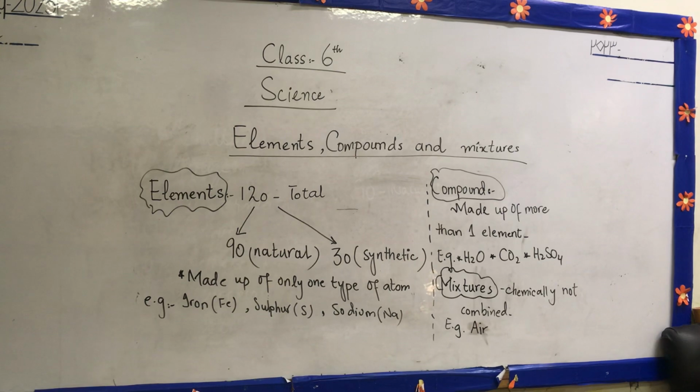Nitrogen, oxygen, carbon are majorly present, while the noble gases, helium, neon, argon, krypton and xenon, are present in minute quantities.